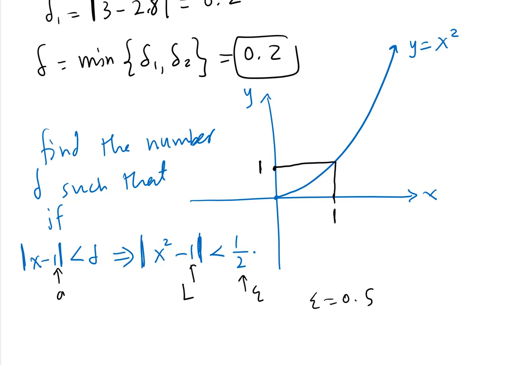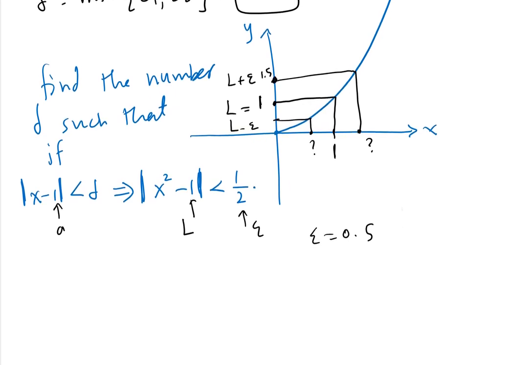Remember, we need delta. Delta is on the x-axis. What we do is, this is L. If I go L plus epsilon, which is 1.5, projected this way and down, we need to find out what that is. And if you go down L minus epsilon, projected this way, what is this? To do so, we need to find the x value that corresponds to y equals 1.5.